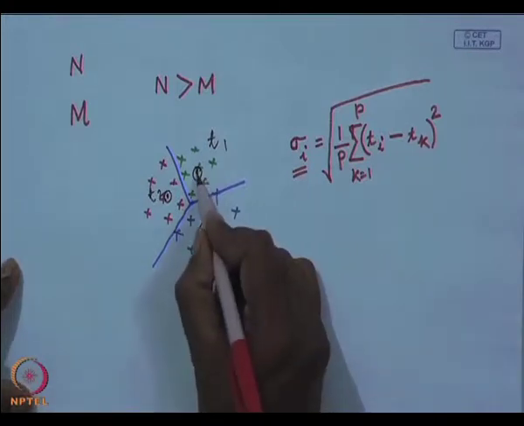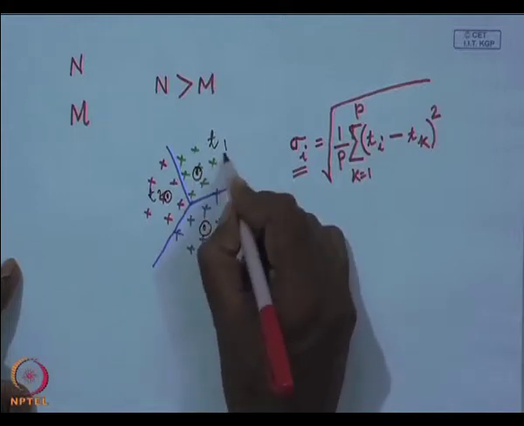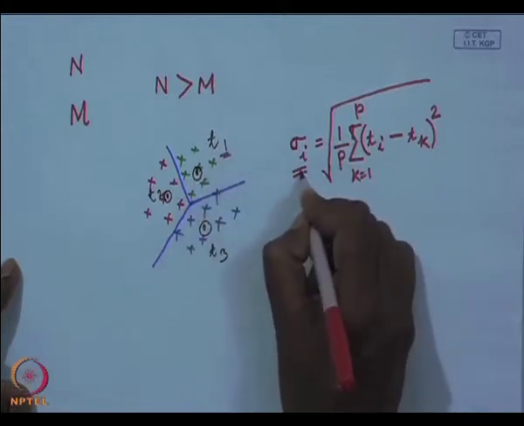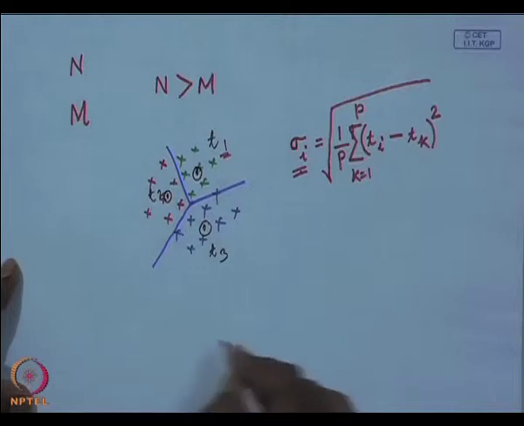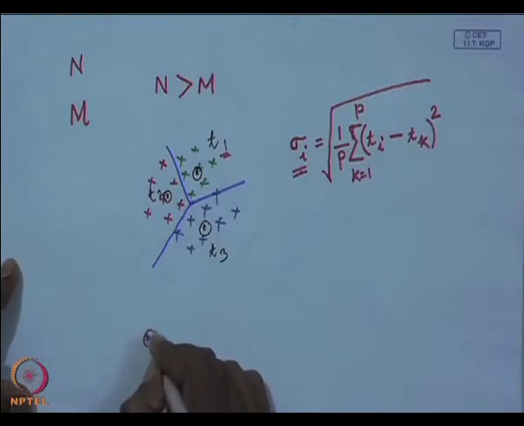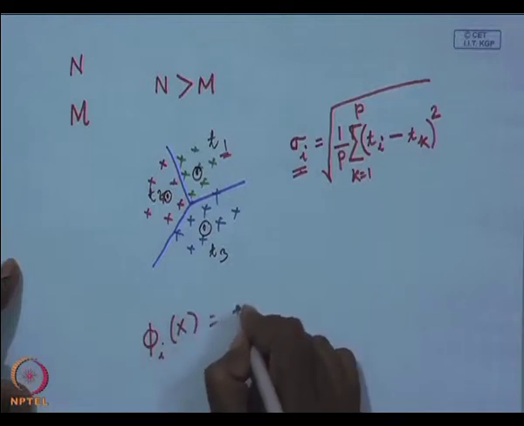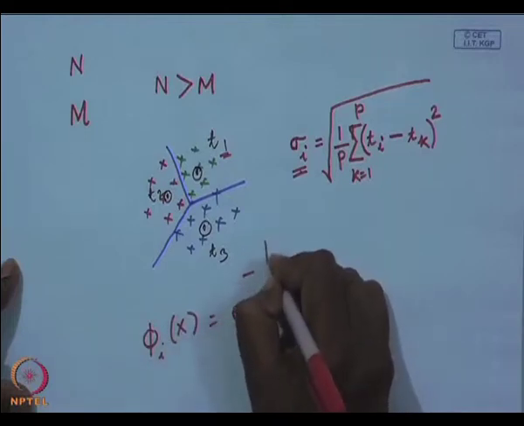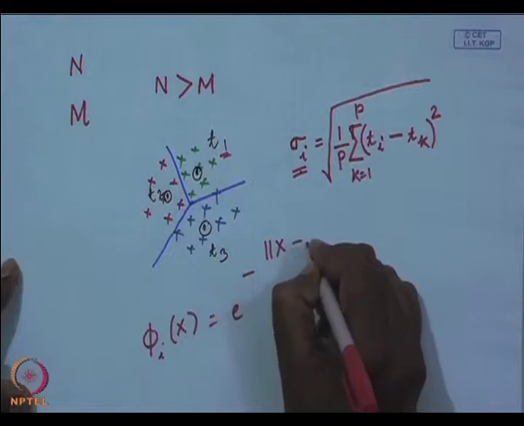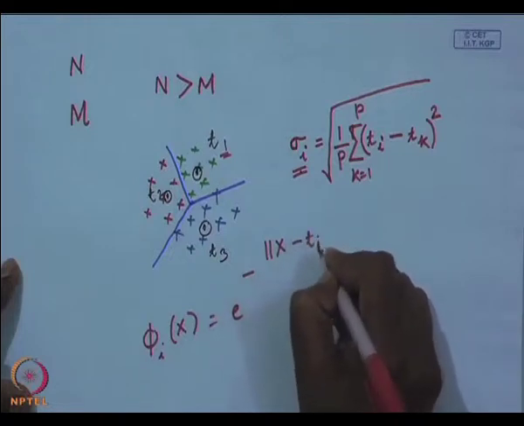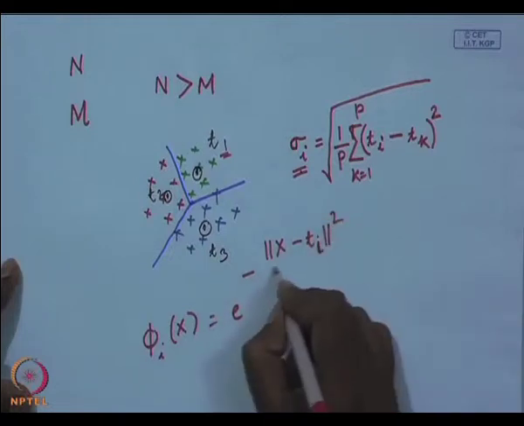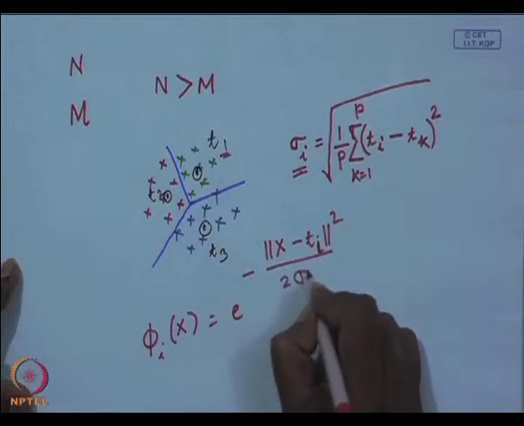For every ith radial basis function I have T I and sigma I, and once these two are known, my radial basis function phi I of x is simply e to the power minus x minus T I square upon 2 sigma I square.